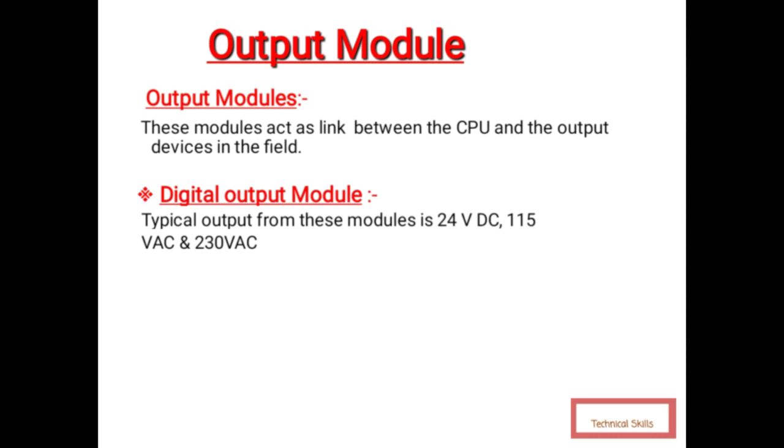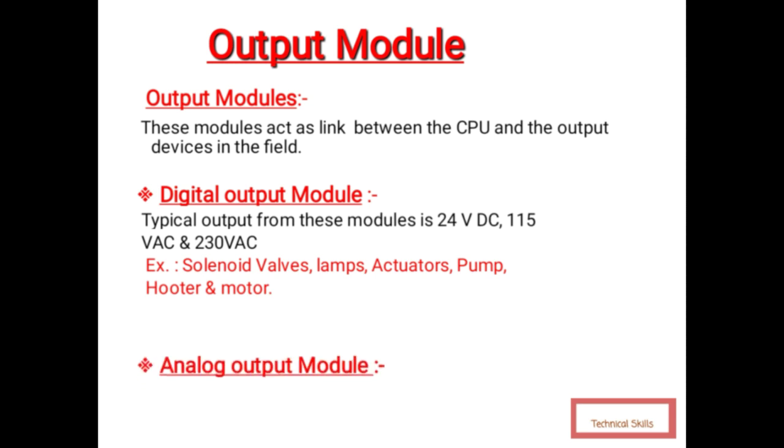In India, we are working on 230 volt AC. Examples for digital output modules are solenoid valves, lamps, actuators, pumps. Similarly to digital input modules, digital output modules work on the format of true, false, on, off, 0, 1. There are some more examples, hooter and motor.